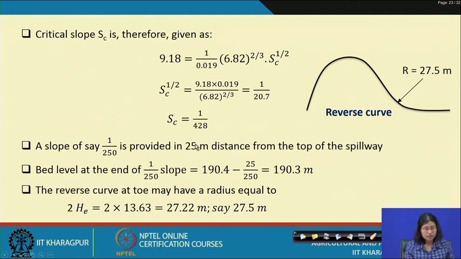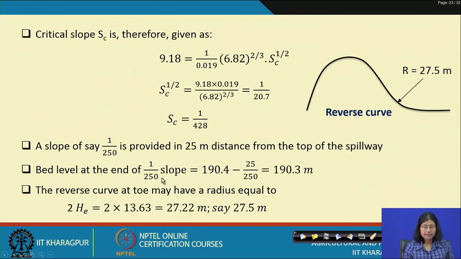As a reverse curve, a slope of say 1 upon 250 is to be provided at a 25 meter distance from the top of the spillway, since the critical slope comes out to be 1 upon 428. So we give a distance of 25 meter at the top of the spillway, and then we provide a slope of 1 upon 250.